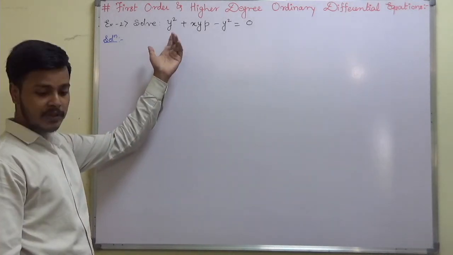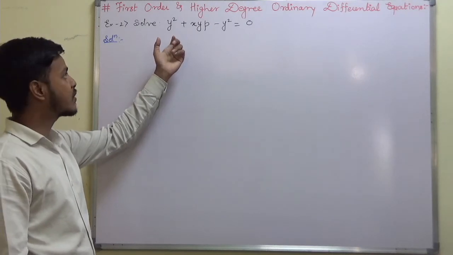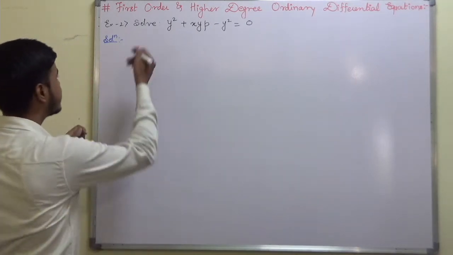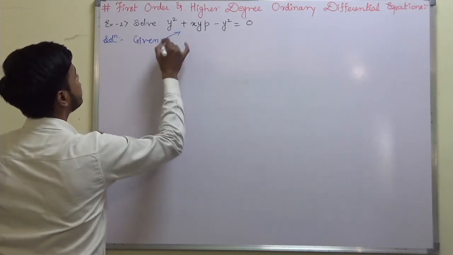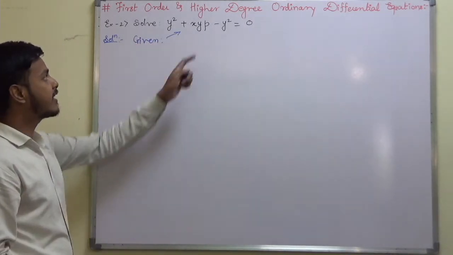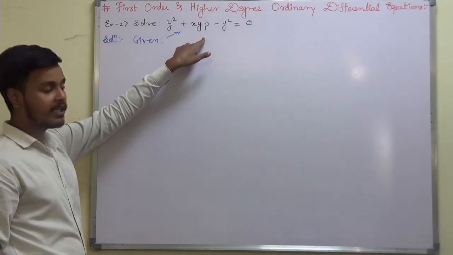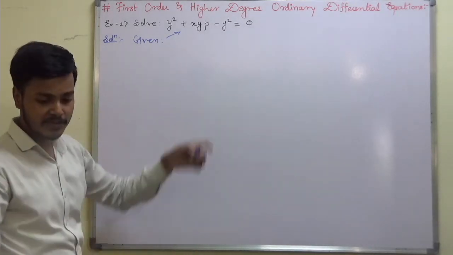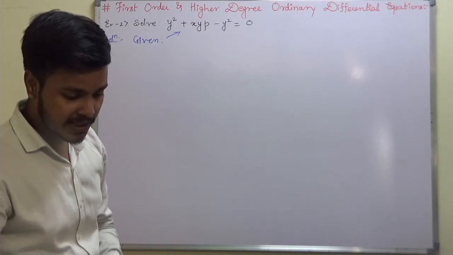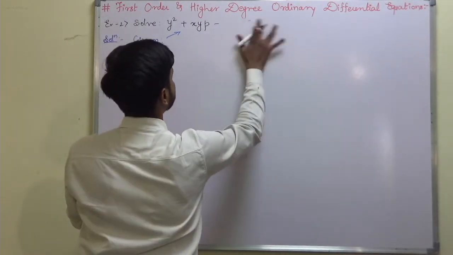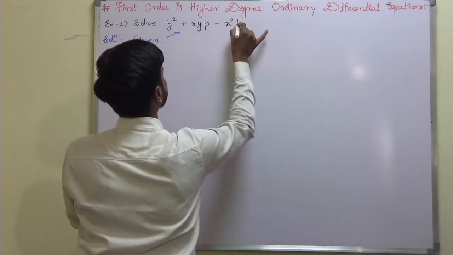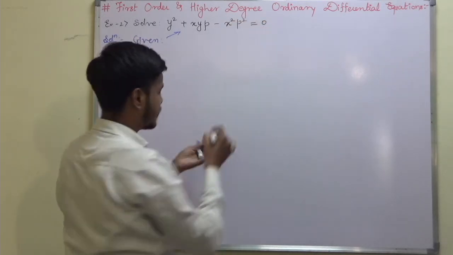We are going to solve this problem by solvable for p. So the very first thing you can write, given this, then you just have to solve for p. Okay, so you can write down, sorry, it is not y square plus x square p square, sorry, xyp minus x square p square is equal to 0.